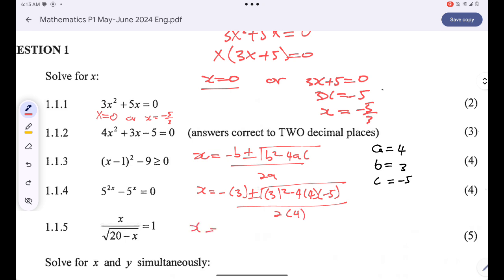I'll just punch in my precious calculator. Negative 3 plus the square root of 3 squared minus 4ac, all over 2a.